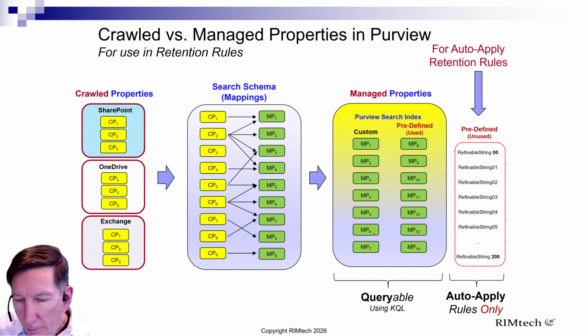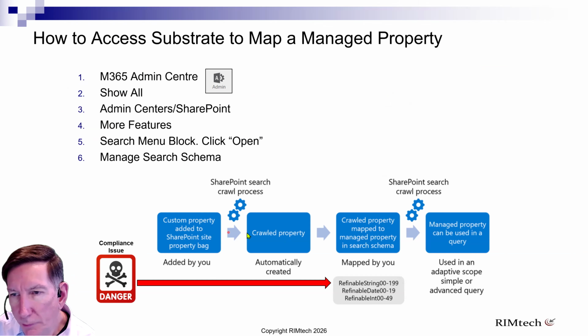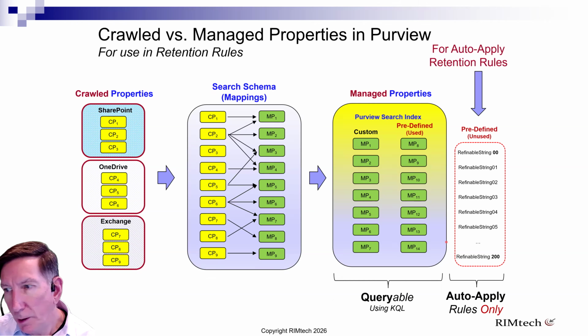Okay? Now, this diagram here is Microsoft's diagram for the substrate. This is mine. Pick whichever you like, but I find this one more understandable. Crawled properties versus managed properties versus refinable string. You have to understand this. A crawled property is what you see in SharePoint. Final report, yes or no. A managed property is an equivalent of it.